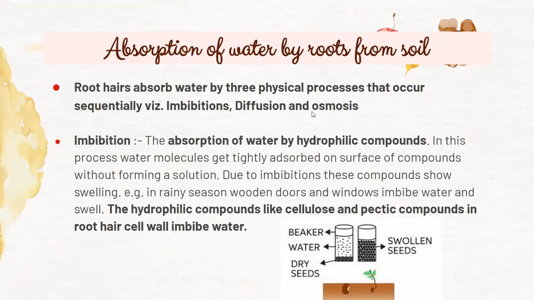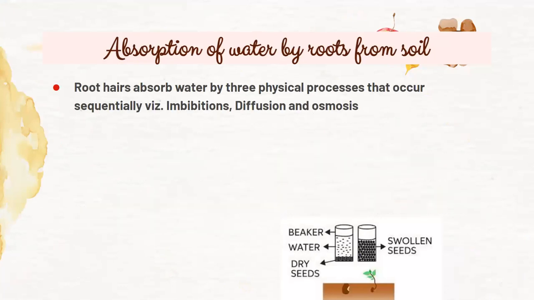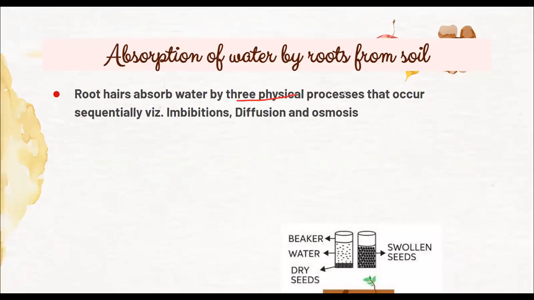So we are discussing the different physical processes of water absorption. Up till now we have discussed the structure of the root hair, which is the actual site where absorption will take place.